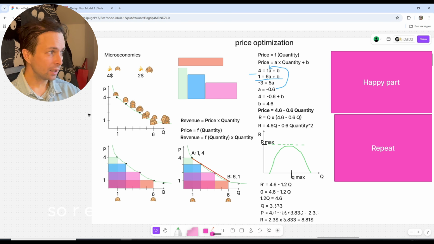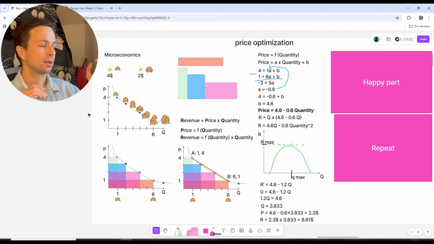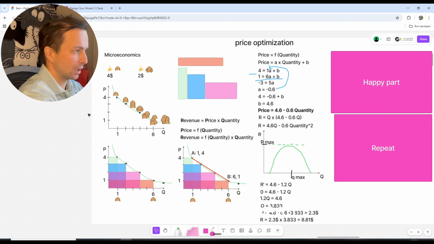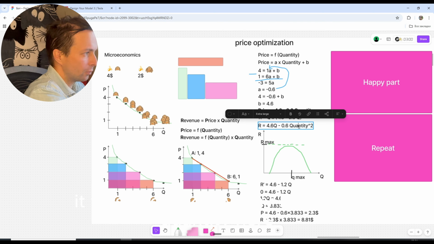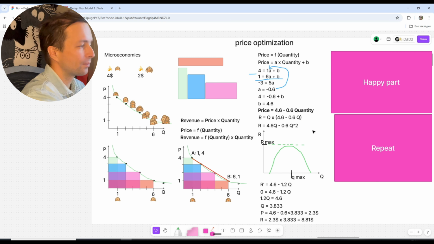So R equals Q multiplied by 4.6 minus 0.6Q, which means that R equals 4.6Q minus 0.6Q squared. Yeah, I don't know why I wrote quantity here, it's just Q squared.